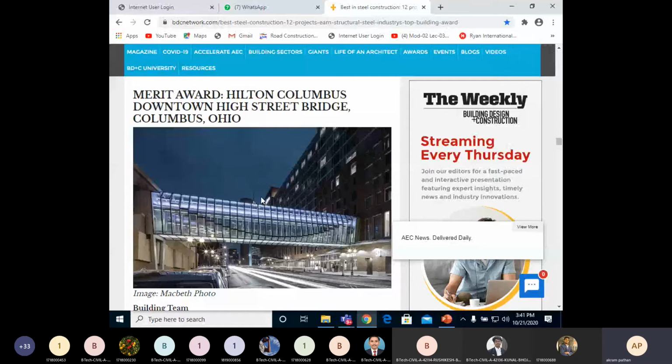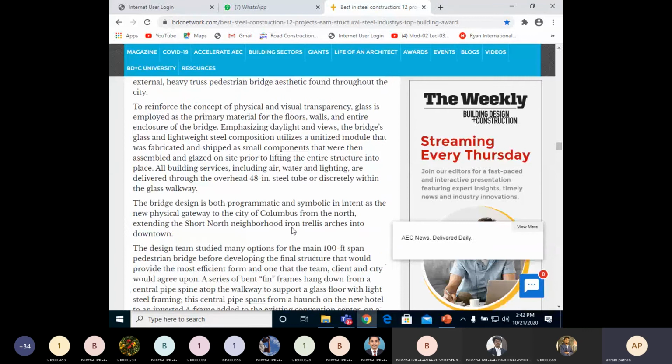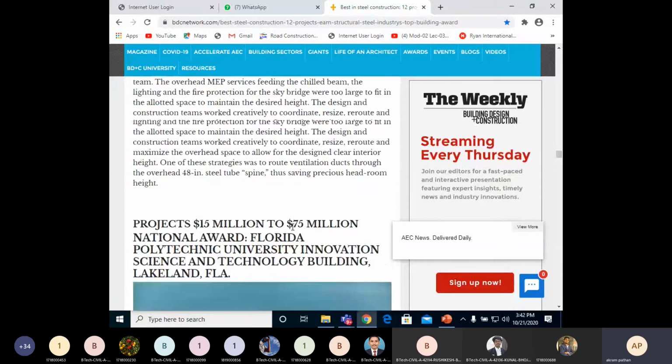This is also one of the important ones, the merit award held on the Columbus downtown High Street Bridge. So this is a particular bridge in Columbus, constructed with the help of steel. All the details are given.